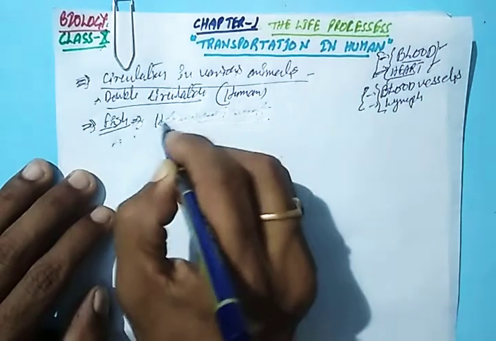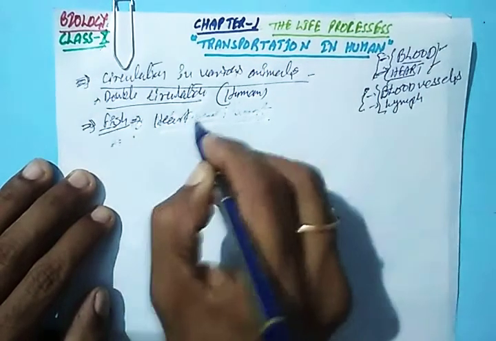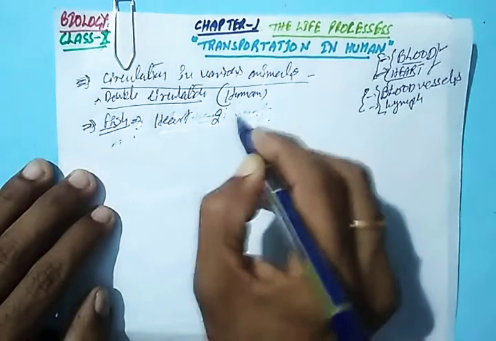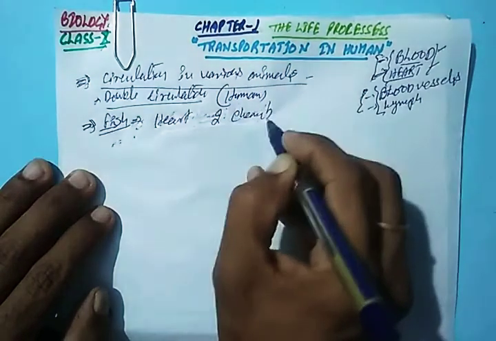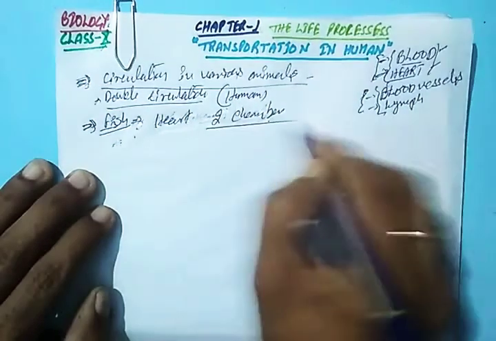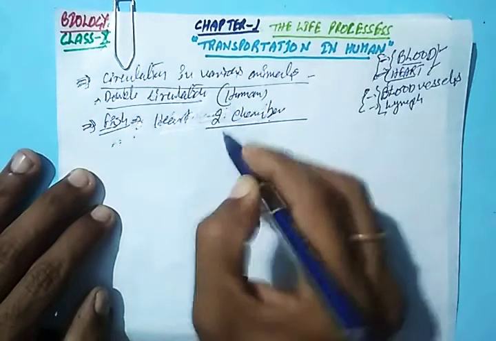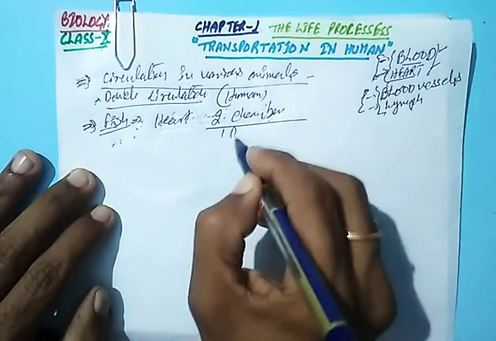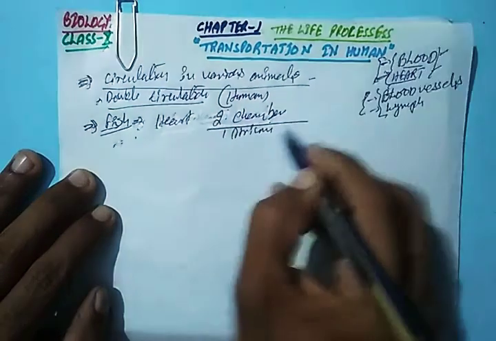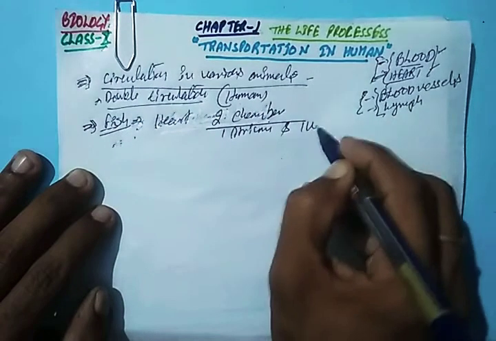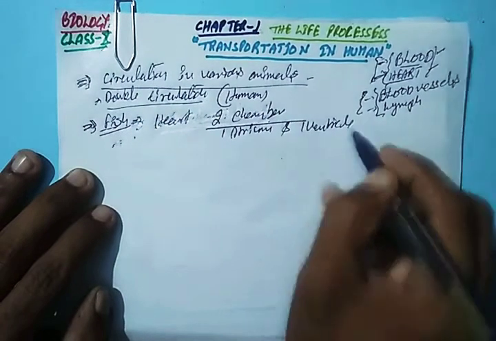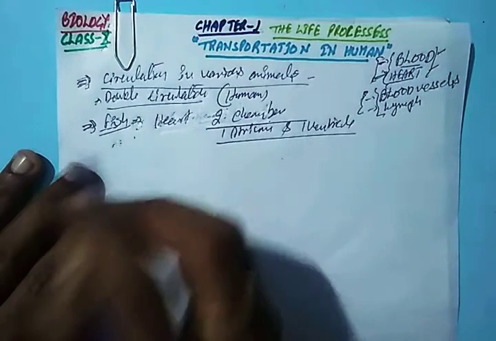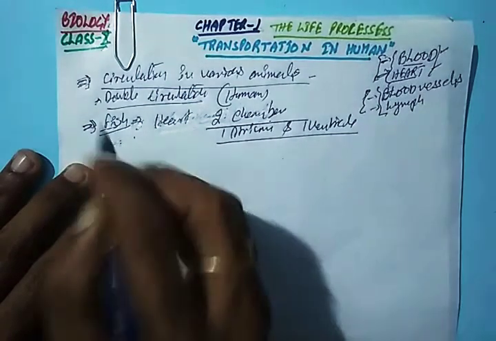The heart of a fish is a two chamber heart, means only one atrium and one ventricle. What is the important thing in its circulation?